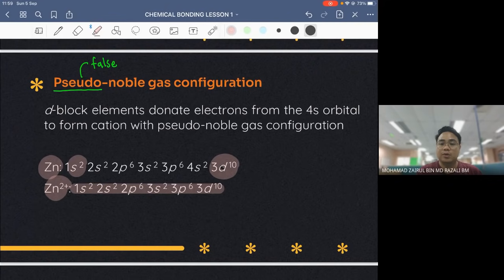So kalau awak tengok setiap satu orbital itu is a fully filled orbital. So maknanya setiap orbital itu penuh dengan elektron. That's why we call it a pseudo noble gas configuration. Maknanya dia tak ada configuration yang sama macam noble gas, tapi kita panggil sebagai pseudo noble gas sebab kesemua orbital itu adalah fully filled.